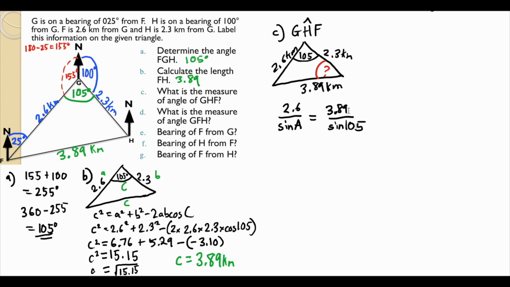Does that make sense, right? Everything adding up together now, right? Okay, so we could work out what sine 105 is. So we say 2.6 over sine A is equal to 3.89 over sine 105.